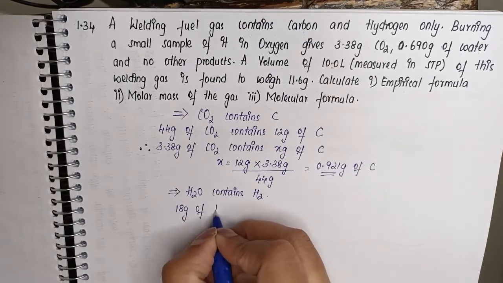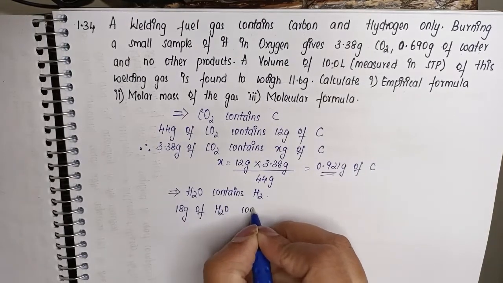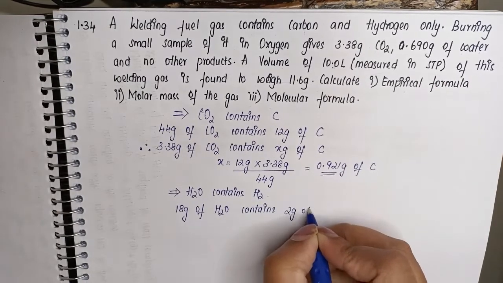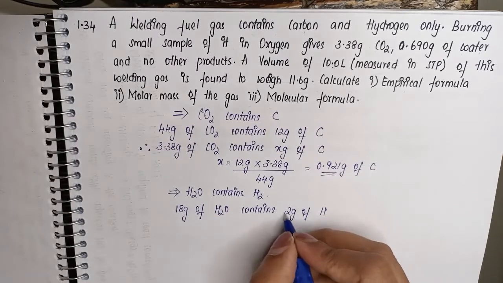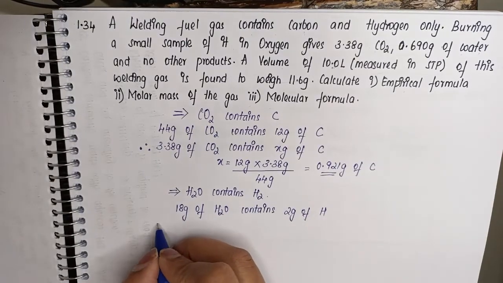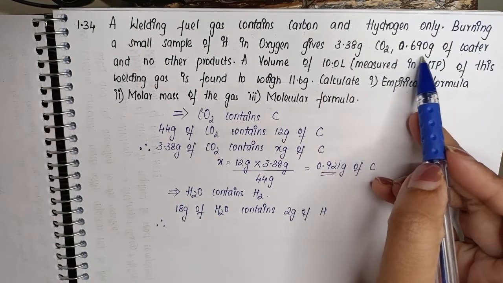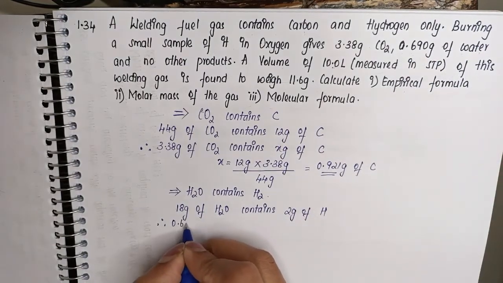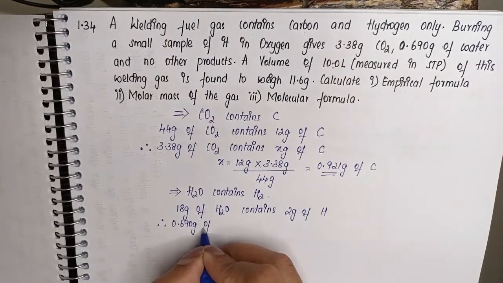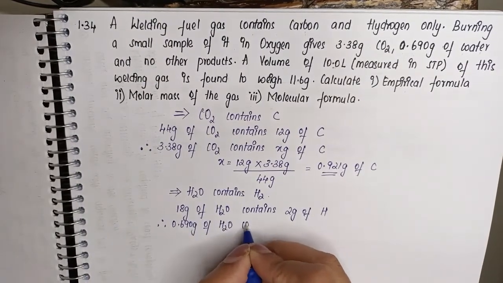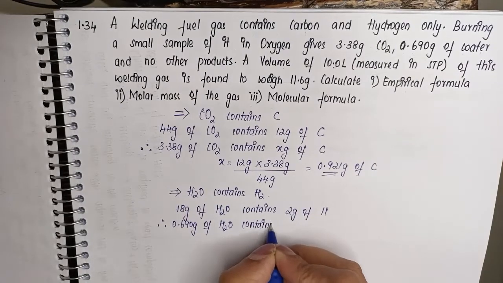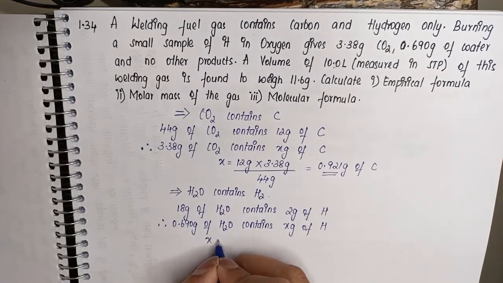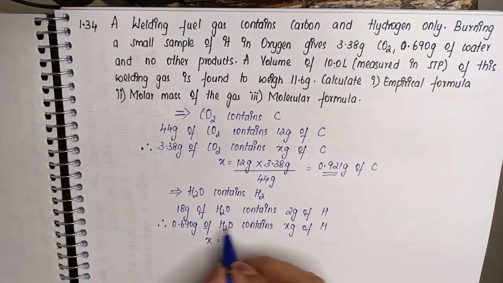So 18 grams of water contains 2 grams of hydrogen, which is the atomic mass of hydrogen. Therefore, how much is present in the question? 0.690 grams of water. So here we'll write 0.690 grams of water contains X grams of hydrogen.